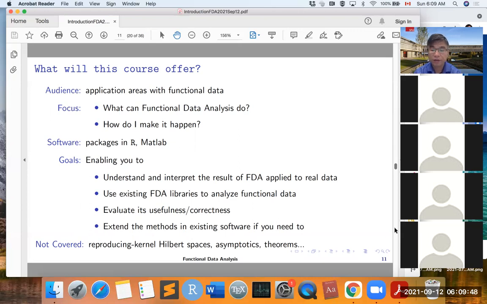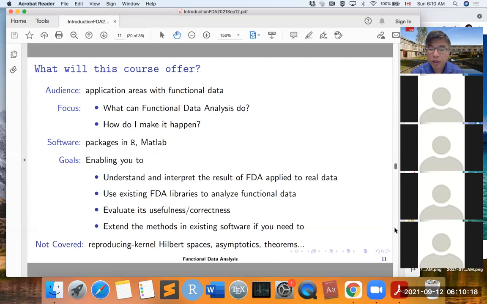After this short course, I want you to understand and interpret FDA results. You will learn that it is actually not easy to interpret FDA results because we don't have any parametric assumption on the function, so we have to put a lot of effort into interpreting them.